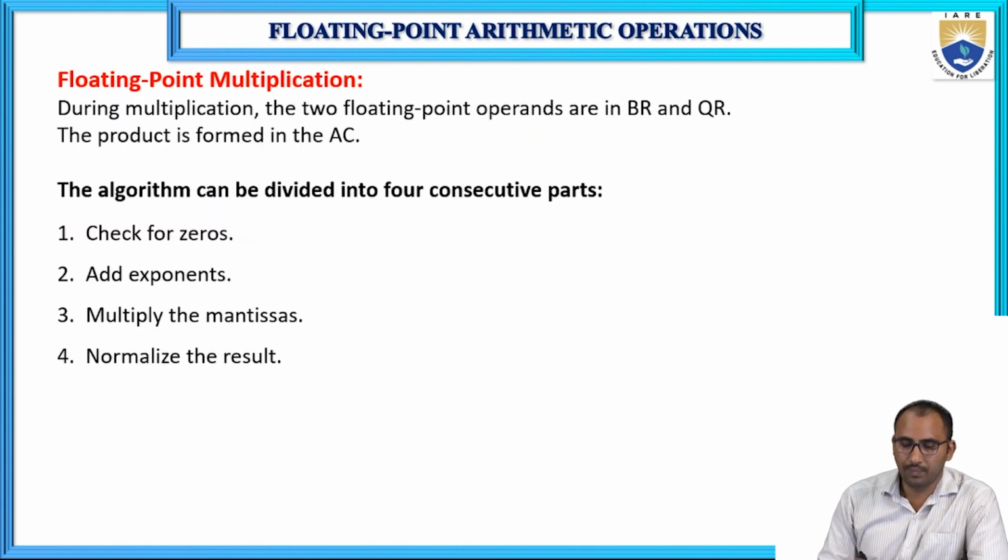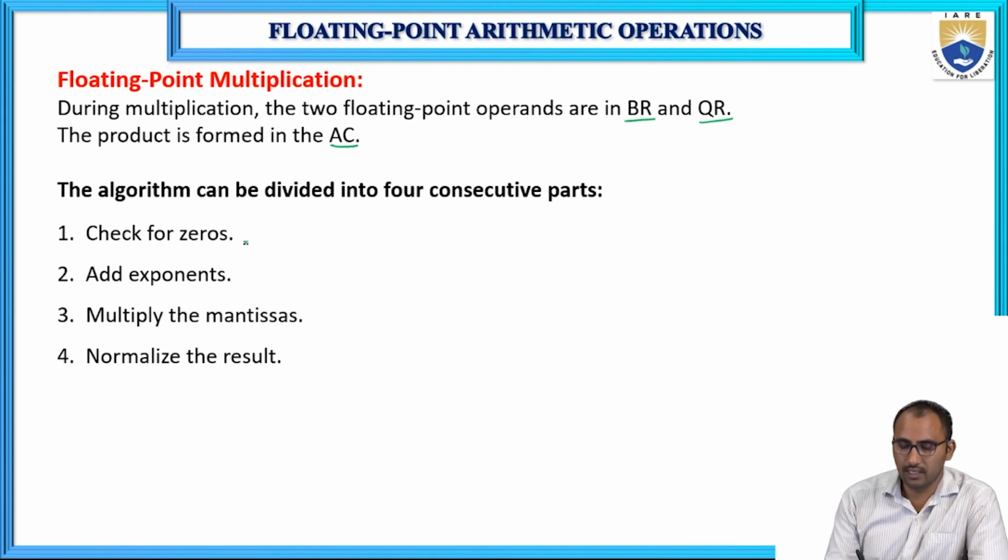Coming to floating point multiplication. During multiplication, the two floating point operands are in the BR register and the QR register, and the product is formed in AC. The algorithm can be divided into different parts.